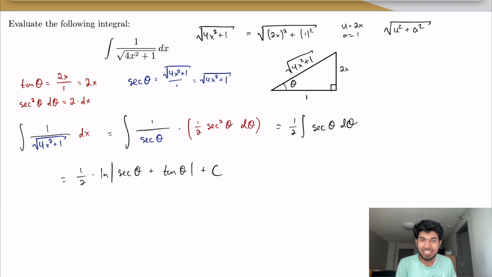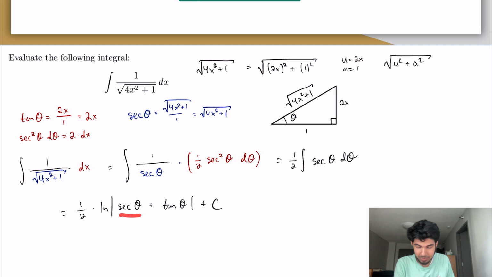And although it looks like we're done, there's still one more step to do. Remember, the outline for these problems is change things to the world of theta, integrate, and then change back to x's. So we have to convert this back to the world of x, which means wherever we see a theta, we can replace it with something with x's.